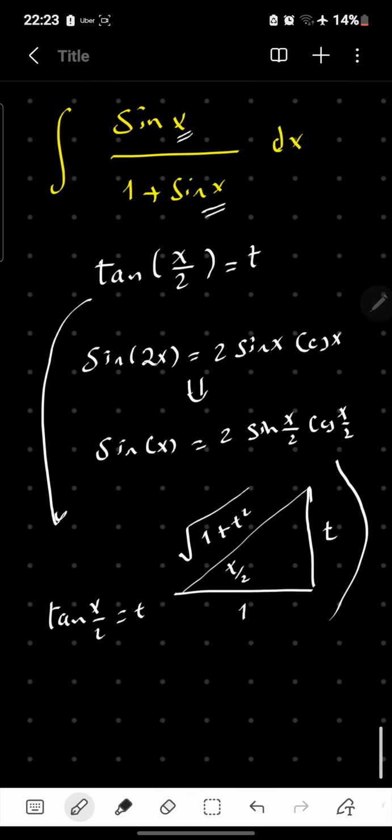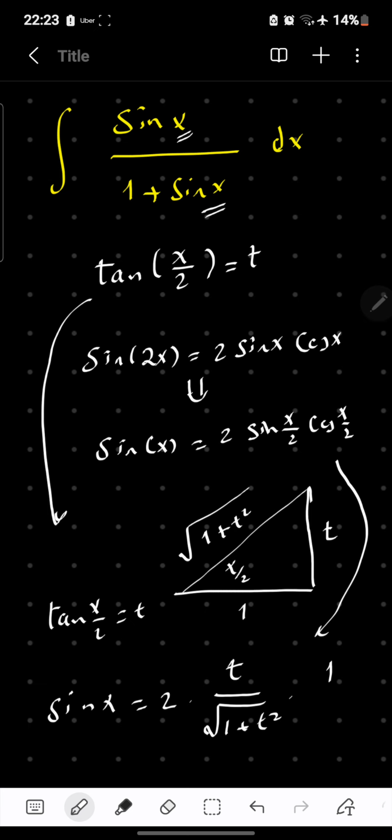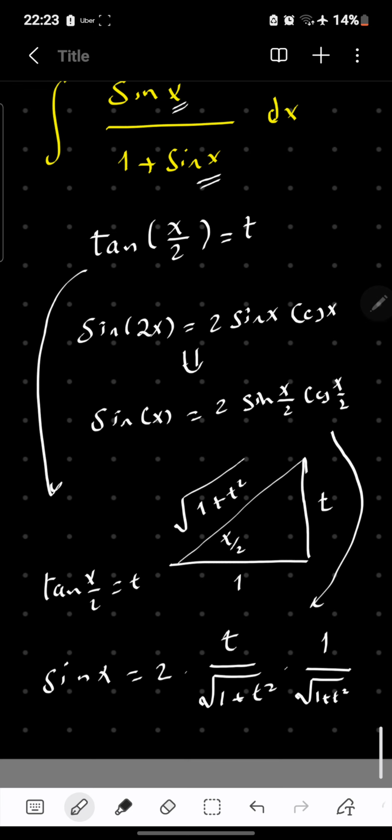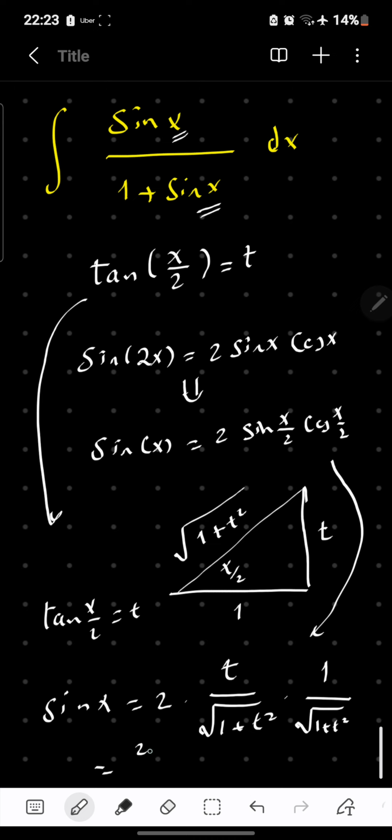Now if we try to get sine x, it will be 2 sine x over 2. Sine x over 2 from here is t over square root 1 plus t squared. Sine is opposite over hypotenuse. Cosine is 1 over square root 1 plus t squared, the adjacent over hypotenuse. So it will be 2t over 1 plus t squared.